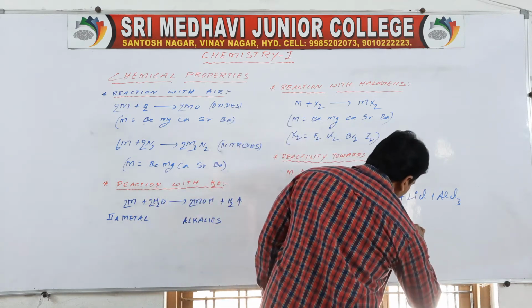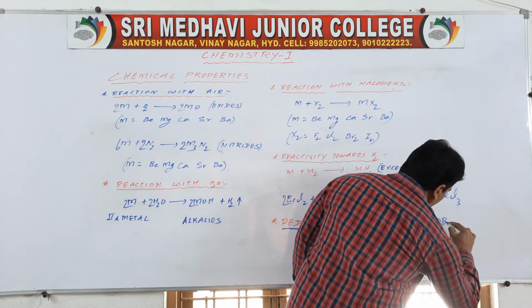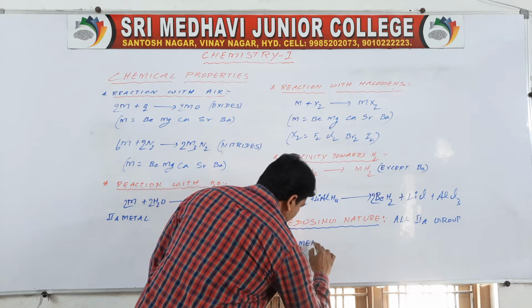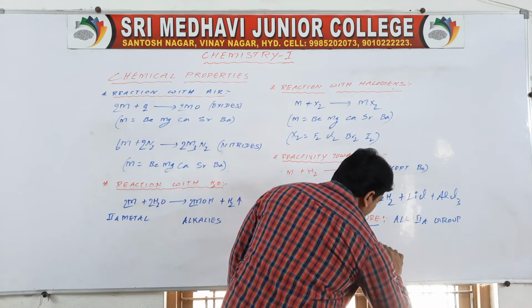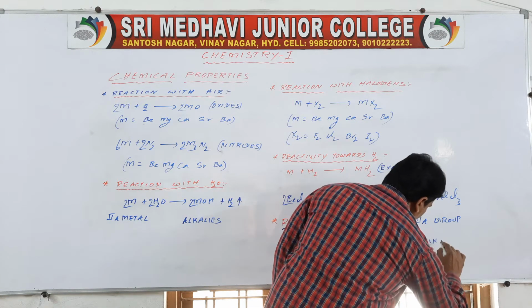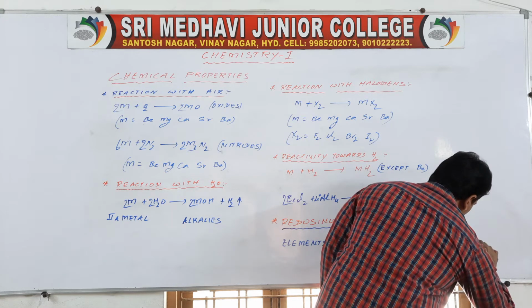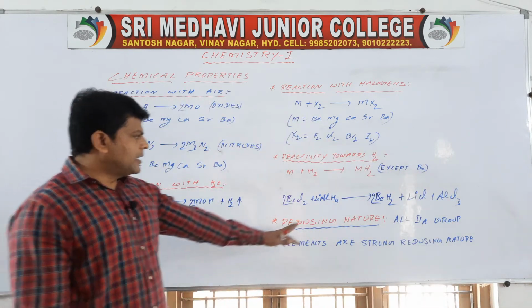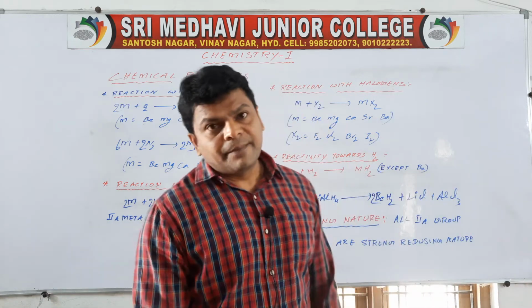All second A group elements are strong reducing agents, but compared to first A they have less reducing nature.